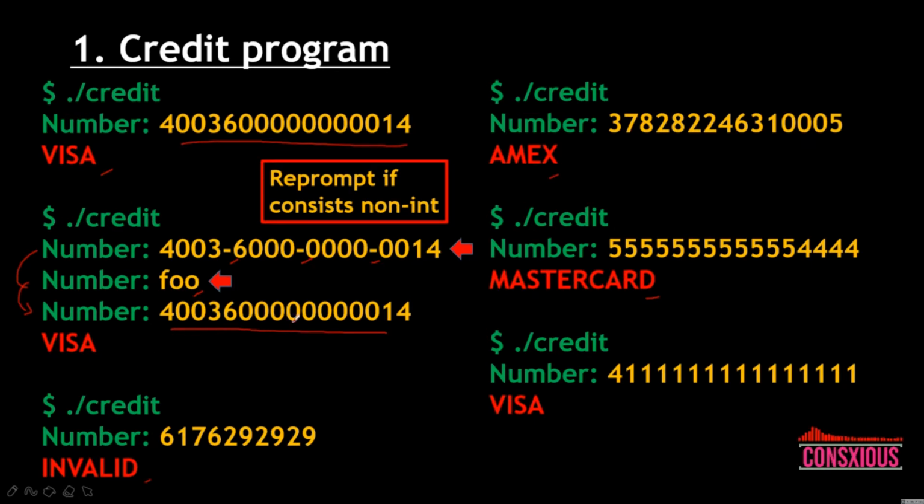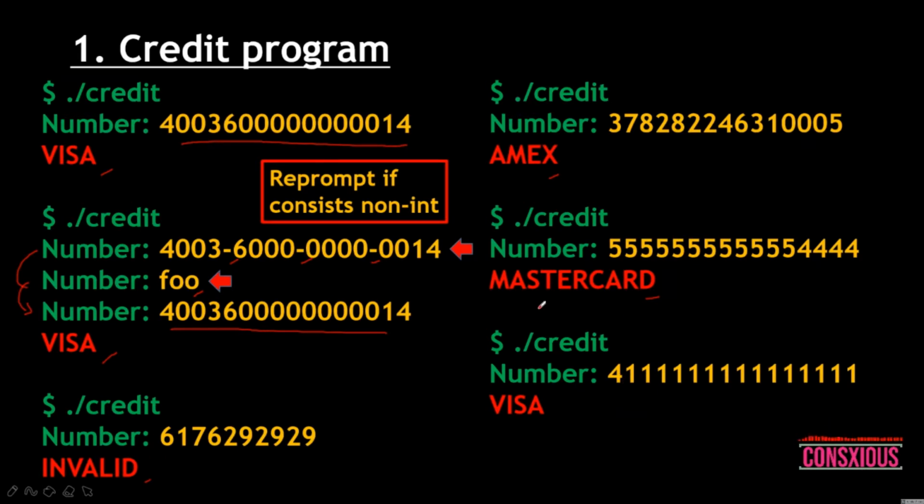For example, this number with 16 digits is a Visa. If the user keys in a credit number that does not belong to these three cards, it is considered invalid. So you can see this is AMEX, MasterCard, and Visa.